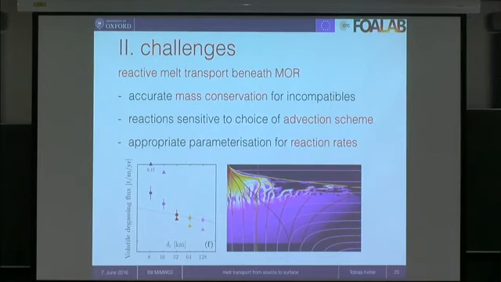That actually means that if we have a compaction length which is not large enough for our numerical grid to resolve it, we get spurious results for the mass conservation of our volatiles. And this gives you an idea down here. This is the volatile degassing flux calculated at the ridge axis for a number of different models. This is just capturing the steady state of the flux arriving at the ridge axis, and this dotted line gives you an idea of the expectation of what systematics they should fall on.